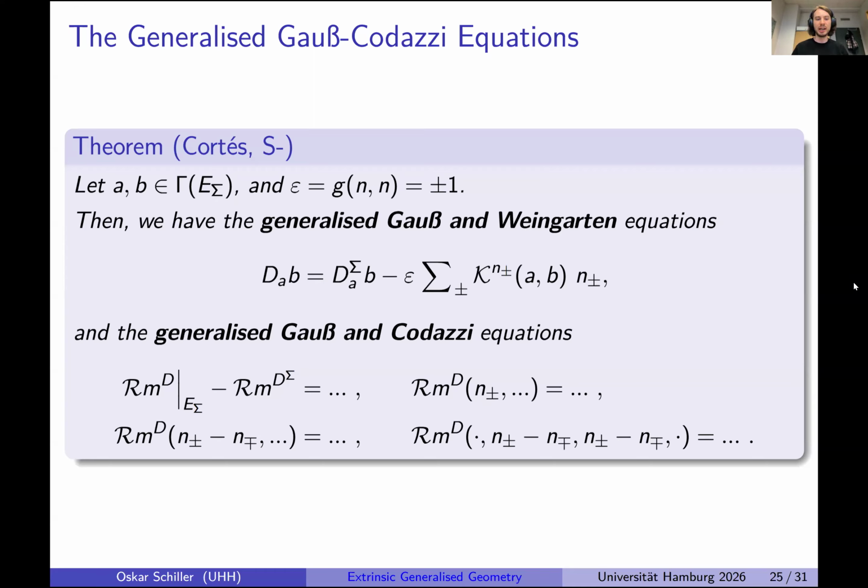You have more equations because of this issue that I hinted at before, with the special linear combination of n plus and n minus giving you the co-normal vector, which if you take a derivative in the co-normal direction, this is not an actual derivative if it's a covariant derivative. For this reason, also these components do not depend on the extension of the normal vector onto the ambient space, and can be described and captured in Gauss-Codazzi equations.